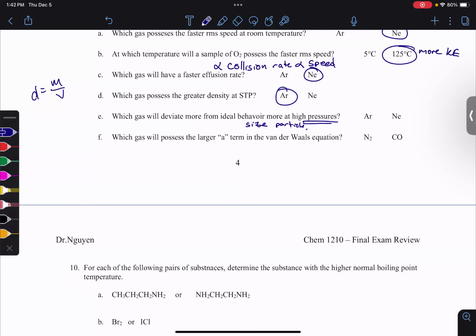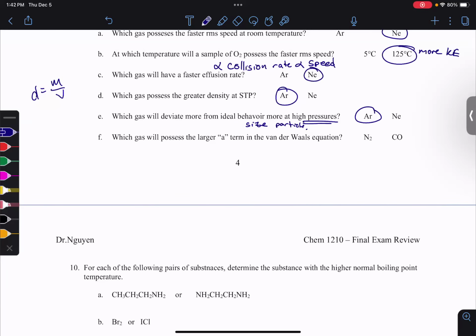If you shoved a lot of tiny particles, like tiny grains of sand, into a container, the size of the particles of sand doesn't really matter. But if you shove a bunch of ping pong balls into a container, that size does matter. So which one matters more, argon or neon? Argon. Why? Because it's bigger. There's our ping pong ball.